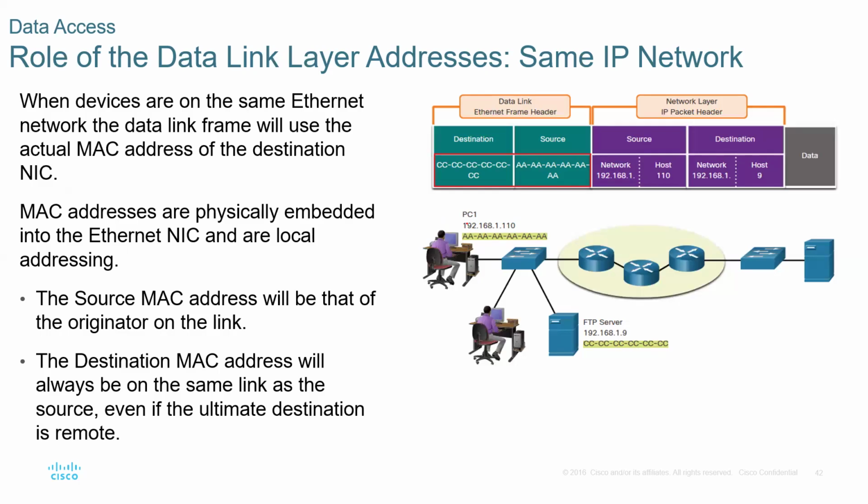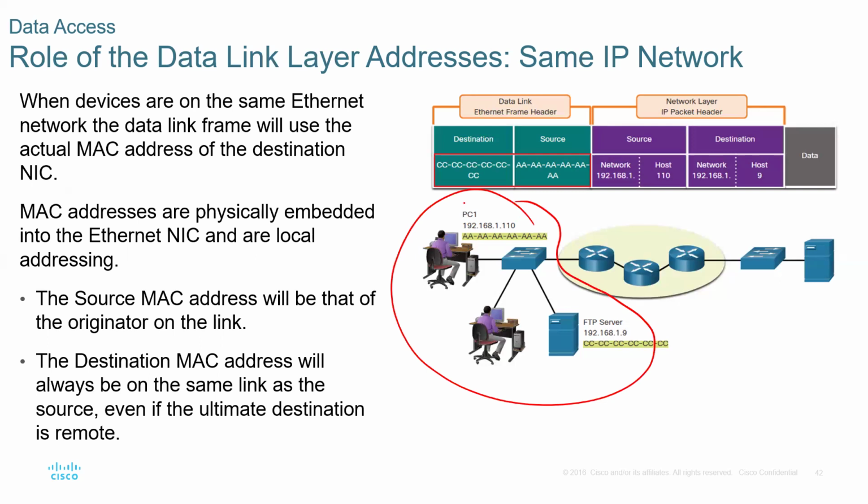To know exactly which specific device you are sending to, you need to know the MAC address. If you use the IP address only, there is a chance you can send information to the wrong recipient. So we'll learn that MAC addresses are local addresses in the sense that they only work in a local area network.